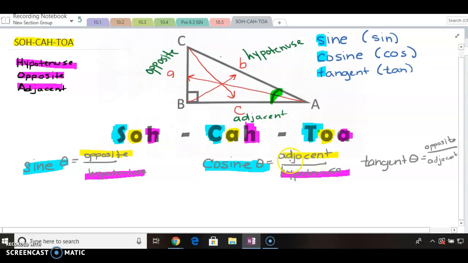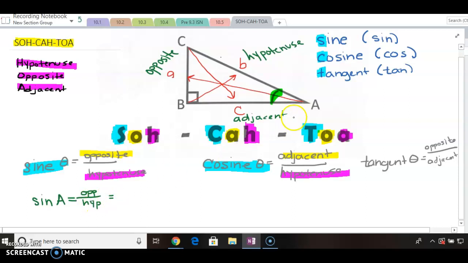If I wanted to write this per this triangle, I could say my sine of angle A is going to equal, remember sine is just opposite over hypotenuse. Notice my opposite of angle A is side little a, and my hypotenuse is side little b. So I could say that the sine of A is a over b.